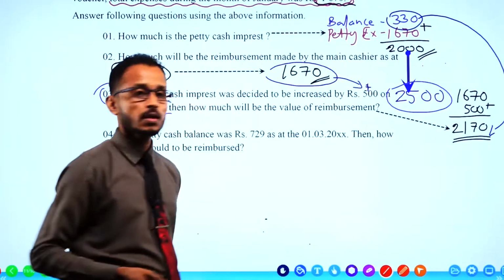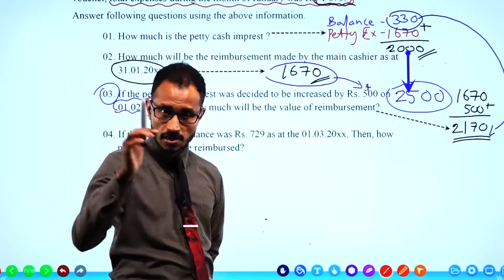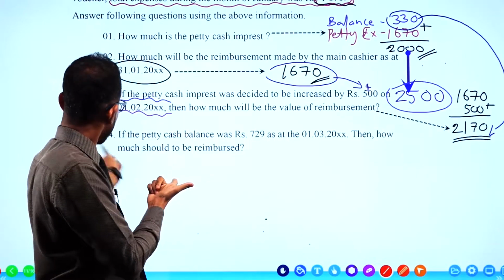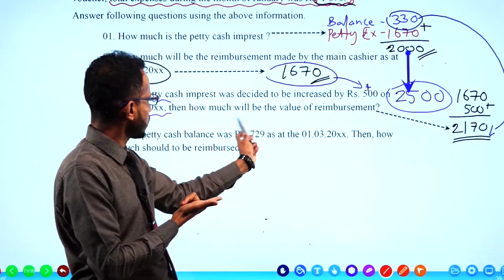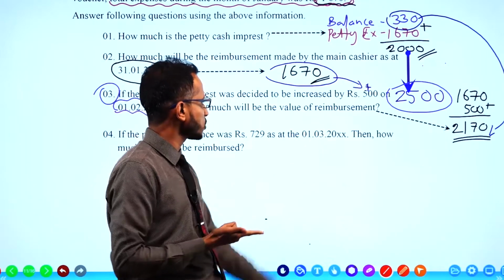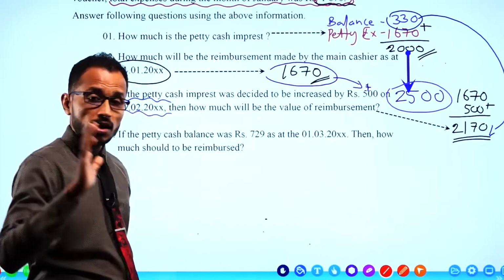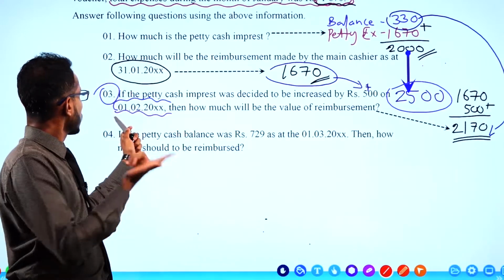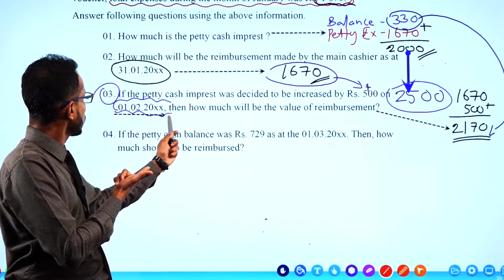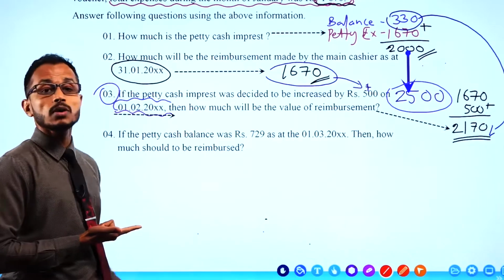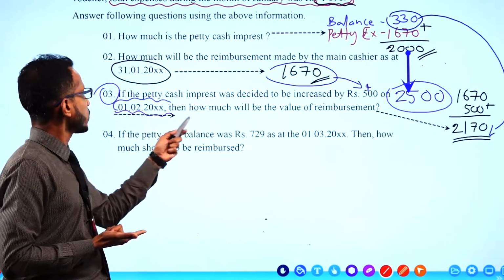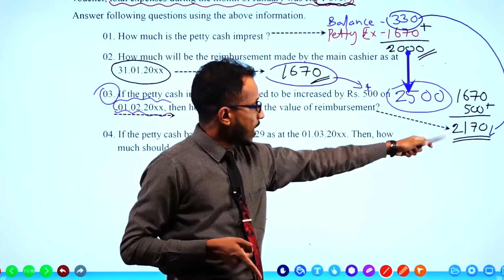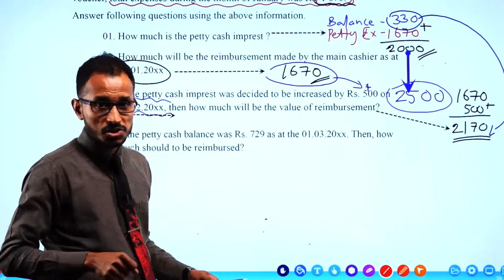Okay. Right. Last question. They are asking what? If the petty cash balance was 729 as at 1st March. Now, February month is over. The new imprest in the month of February is 2,500, right? And again, there's a question.